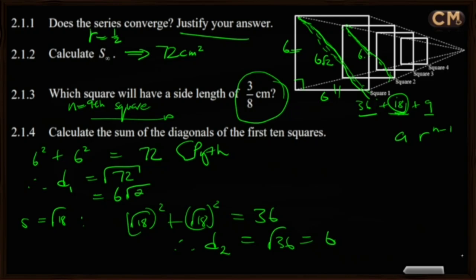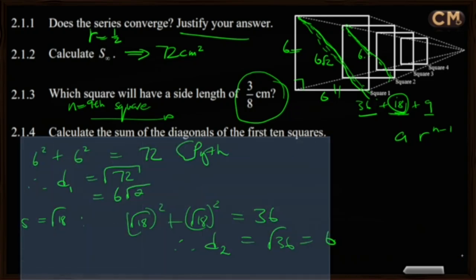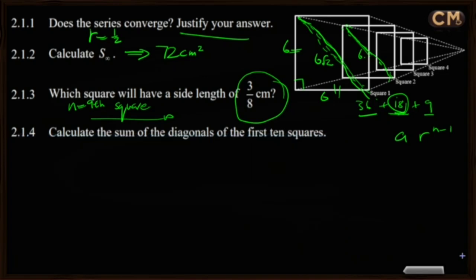If we continue the pattern that is obvious there, we have 6 square root 2 plus 6 plus 3 square root 2, and so on, which means our ratio is going to equal 1 over the square root of 2, because that's what we're dividing every term by to get the next diagonal's length.